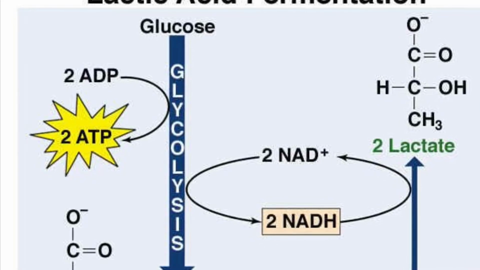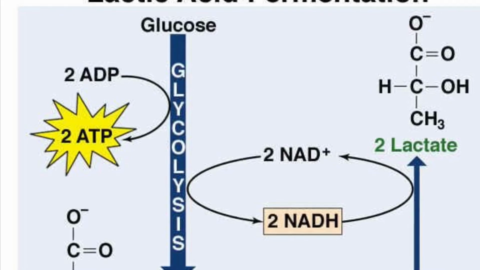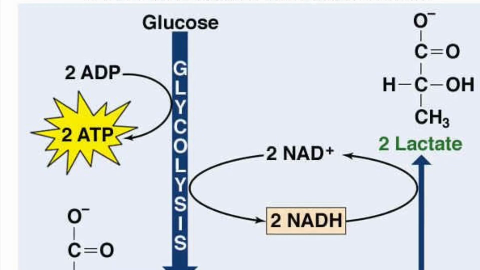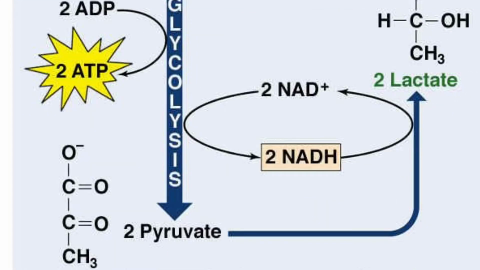What happens is this glucose molecule undergoes the same process of glycolysis to produce 2 ATPs and 2 NADHs. In addition, 2 pyruvate molecules are produced. These 2 NADHs that were produced in glycolysis cannot be regenerated back into NAD+, and this poses a problem since we were not able to oxidize that NADH in the electron transport chain.